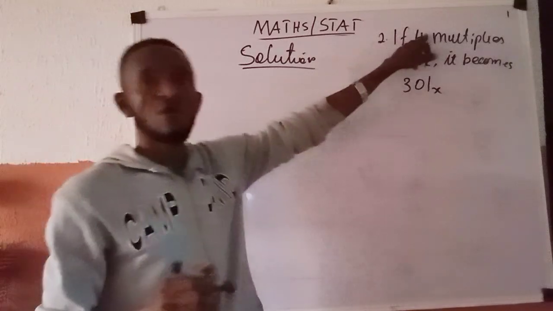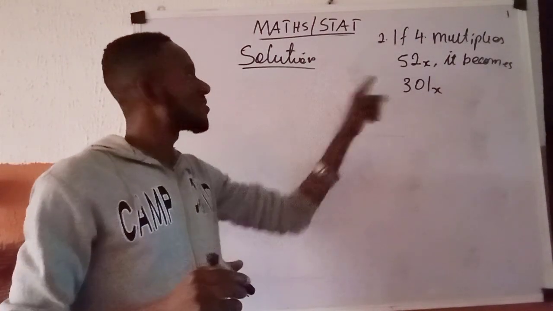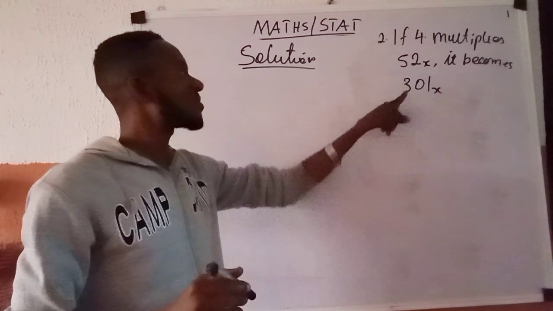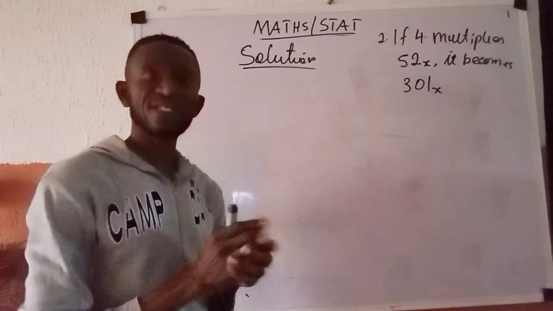That if 4 multiplies 5 to base X, it becomes 301 base X.